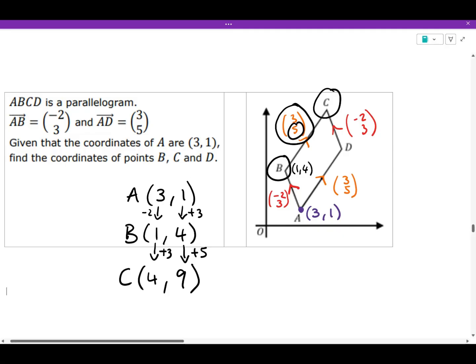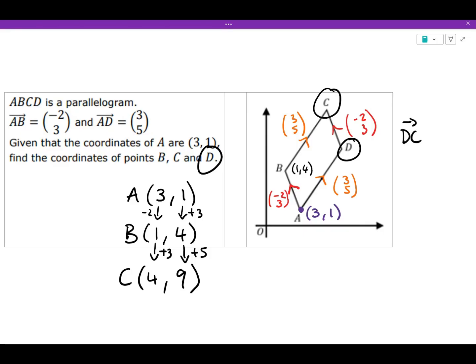So now let's move on to D, which is my final point. We know the coordinates of the point C. What could I do with that to get to the point D? Well, I need to know the vector from C to D. Currently, I know the vector going from D to C because that's the direction of the arrow. So D to C would be the vector negative 2, 3. If I want to go from C to D, that is the return vector, so I need to multiply by negative 1.